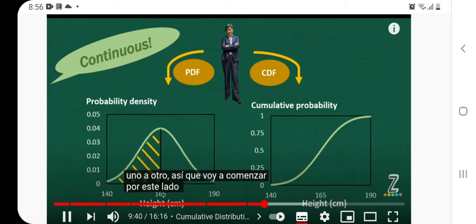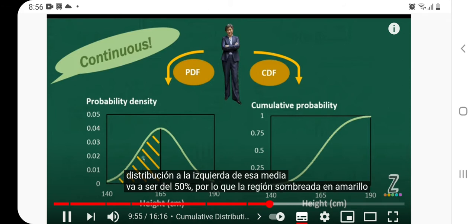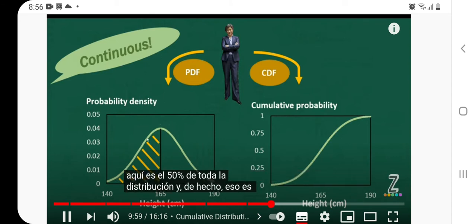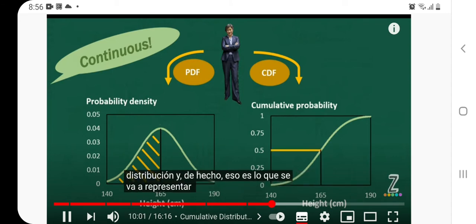So I'm going to start on this side and I'll select the mean value of 165. Now, because it's the mean, we know that the proportion of the distribution to the left of that mean is going to be 50%. So the yellow shaded region here is 50% of the whole distribution. And in fact, that's what's going to be represented on the CDF over here.